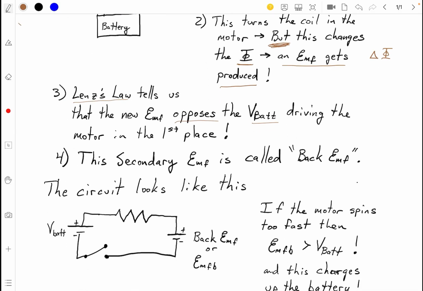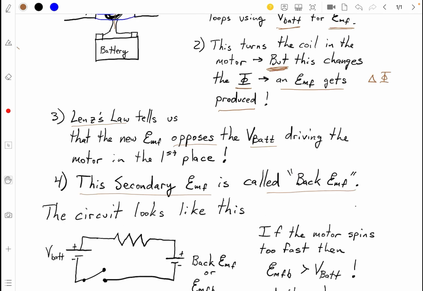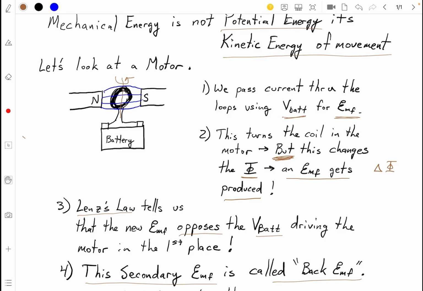And we call the secondary EMF a back EMF. Now it only applies to motors, okay? Because we're running the current through our motor as a battery. If we're just letting nature spin this thing around, it's doing what it wants to do, and it's charging up the battery for us.